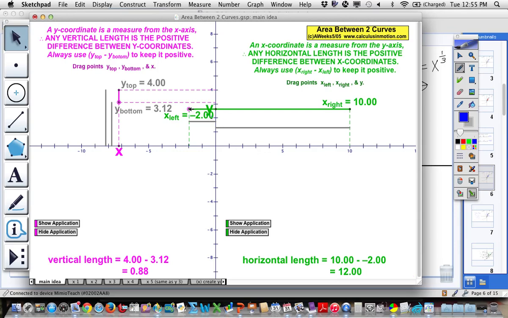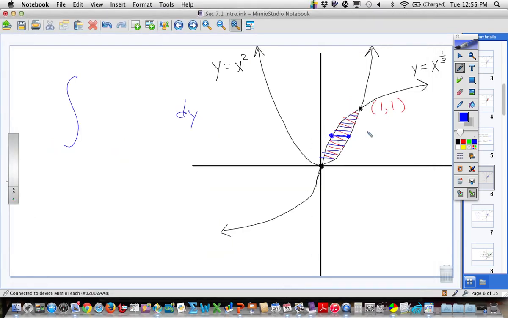So, what order do we want to subtract these? We want to go right minus left. The bigger one is on the right, the littler one's on the left. We want them to be positive, so we take right minus left. But it's the x-coordinates this time that we're wanting to do. So what is this generic x-coordinate here?